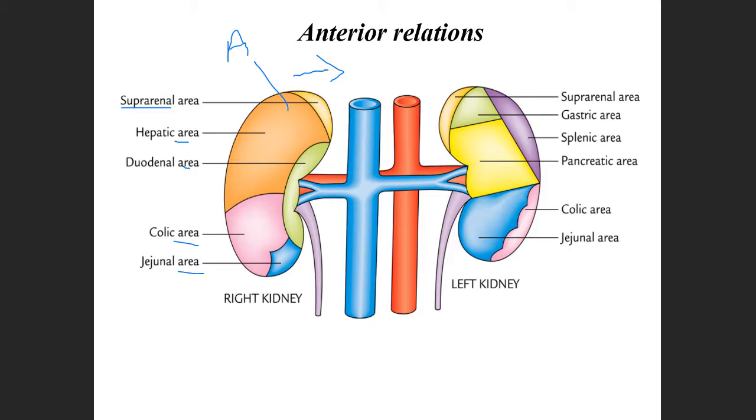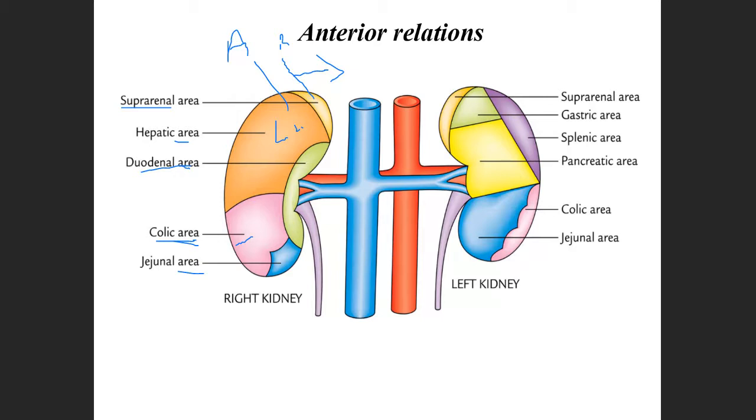suprarenal area. Which suprarenal? The right suprarenal gland you have to write. Okay. Hepatic area. Hepatic area means the right lobe of the liver is attached. The duodenum. Which part of the duodenum? The second part of the duodenum. In the colic area, the right colic flexure and the ileum.